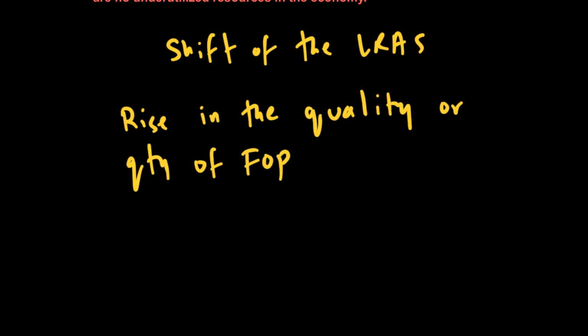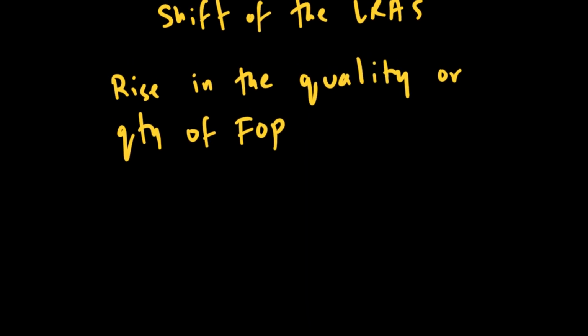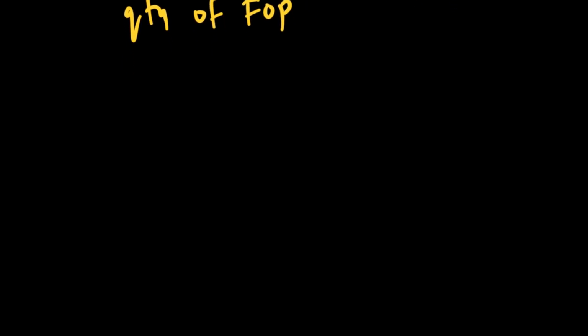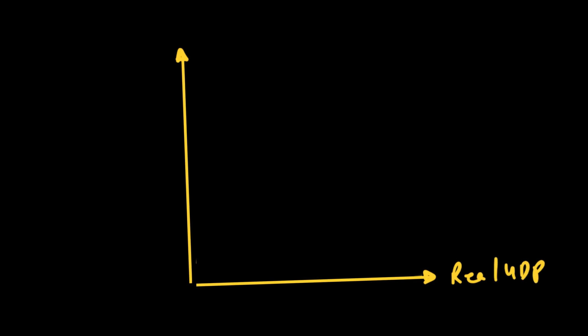So any improvement in land, labor, capital, or enterprise will make the LRAS shift to the right. Just like the PPC will shift to the right, LRAS will shift to the right, but in a vertical fashion. So that's how it looks when there is an improvement in the quality or quantity of factors of production. The whole LRAS is going to shift to the right in a vertical manner, which means now we have a new productive potential.